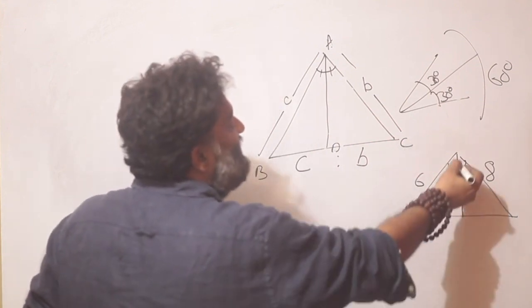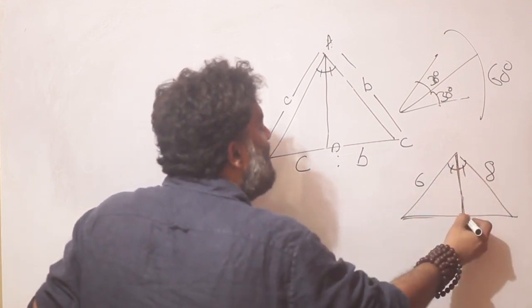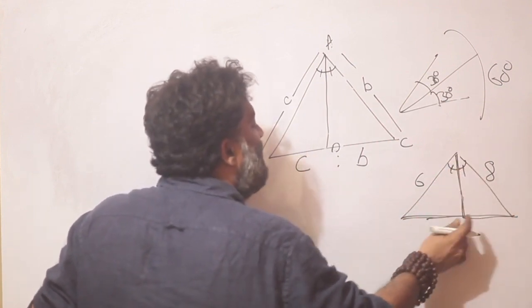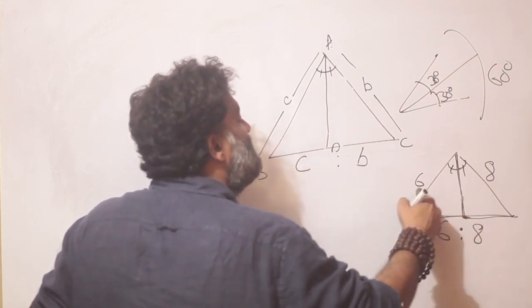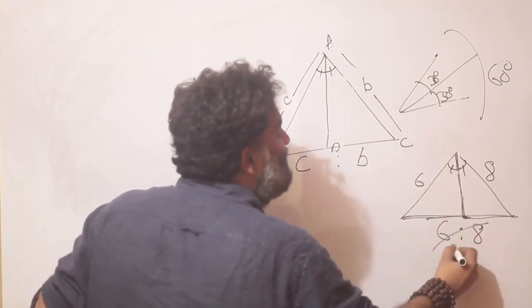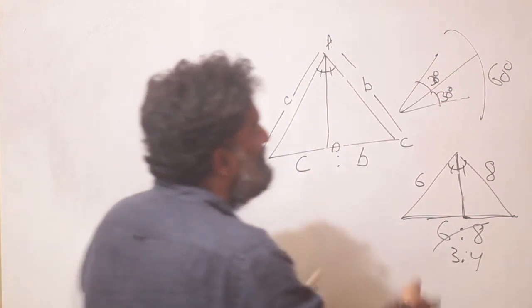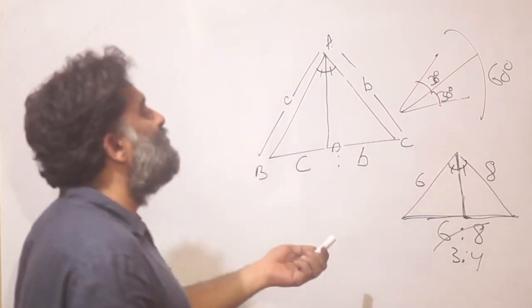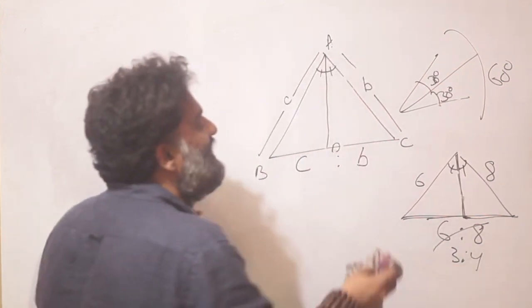The basic idea is that if I draw an angle bisector, these two angles are equal, and this side will be divided into two parts, and the ratio of those parts would be the same as the ratio of the sides which the angle is made up of. So this will become 3:4. This is an idea which will come in handy in problem solving. But before we go into problem solving, I want to know why this is true.